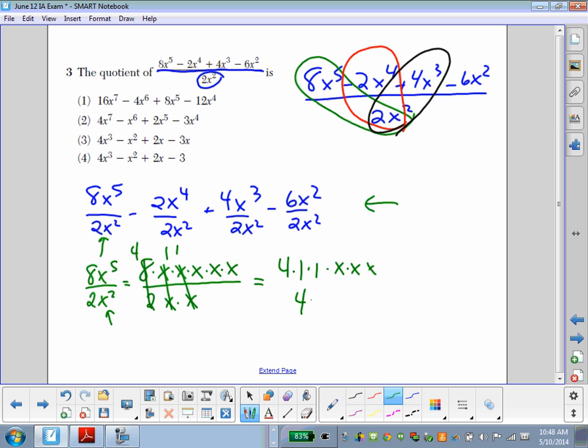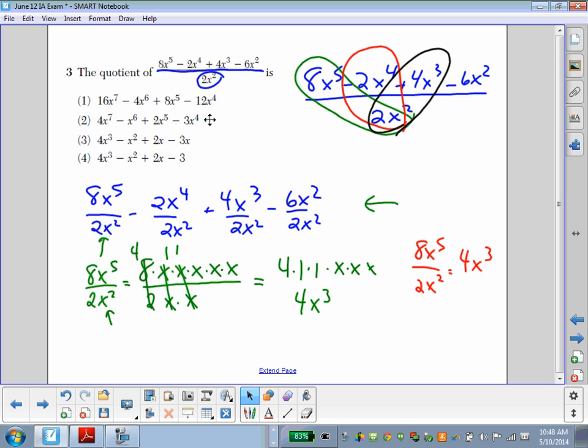X times x times x is x to the 3rd. So what we've determined is that 8x to the 5th divided by 2x squared is the same thing as 4x to the 3rd.